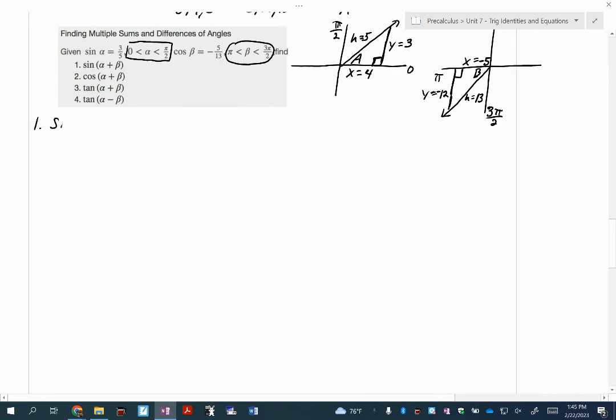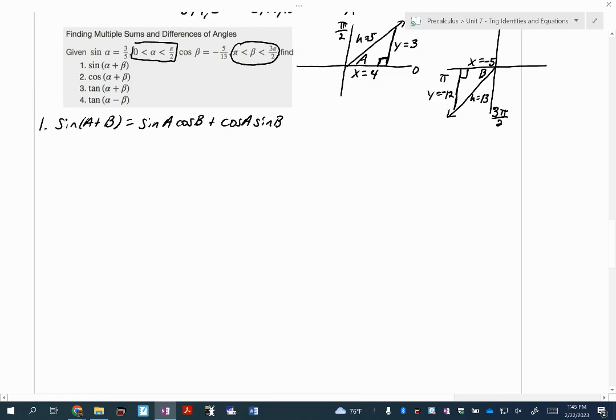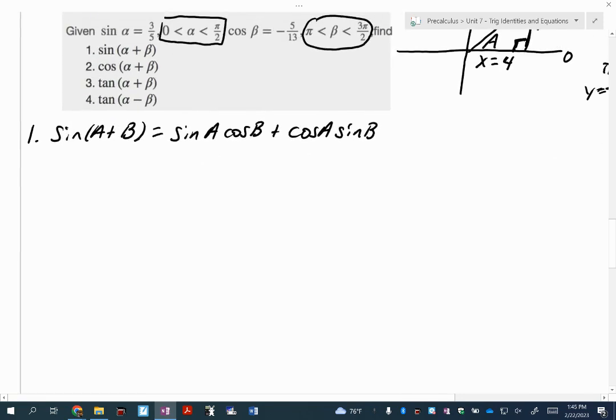So the first one is the sine of A plus B. So using my formula, that's the sine of A times the cosine of B plus the cosine of A times the sine of B. Now we know the sine of angle A, that's 3/5. We know the cosine of angle B, that's -5/13.